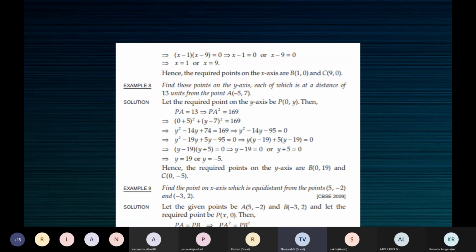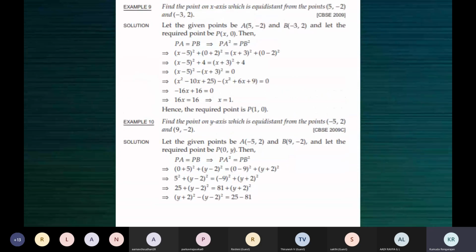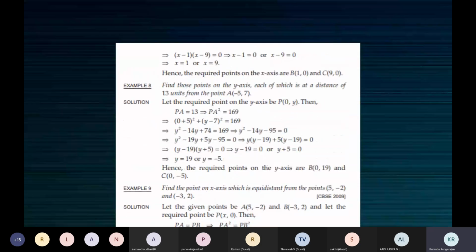Ma'am, x is equal to 1. Okay. X is 1. Oh, you're right. X is 1. Good, Tirunesh. You're right.